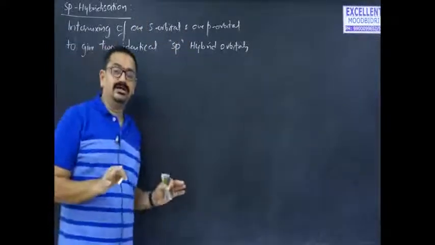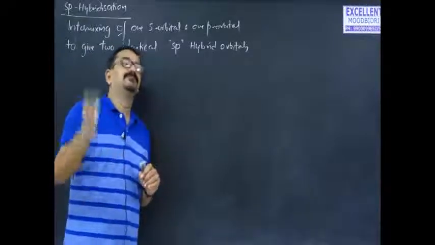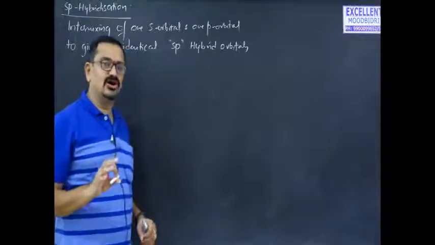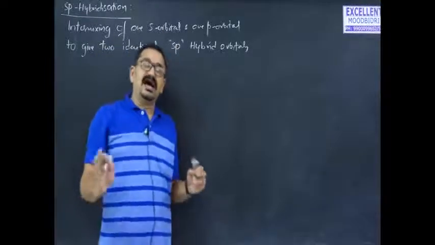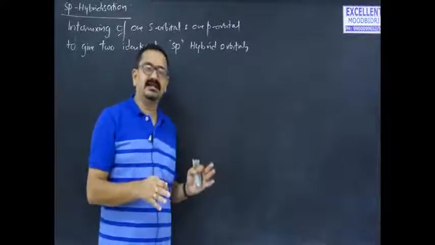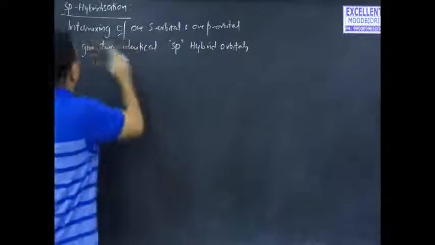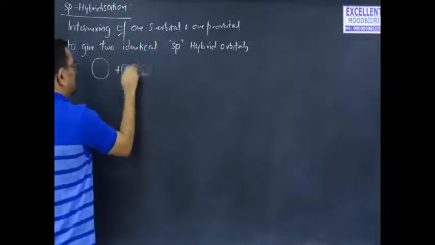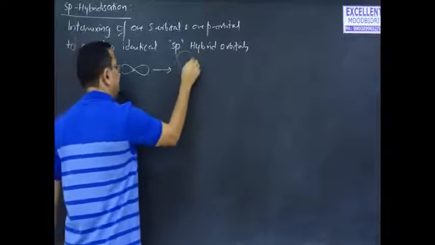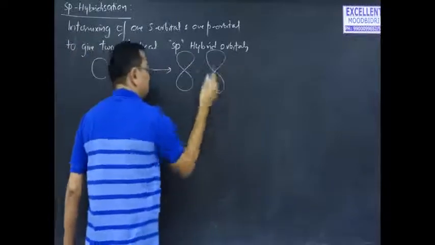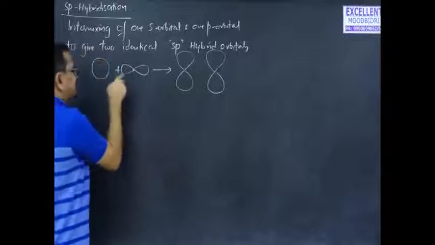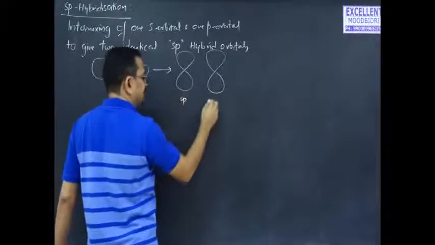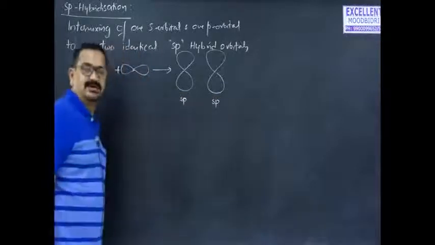See, here one more point: hybridization takes place among the orbitals present in the valency shell, and that too orbitals of only one particular atom can get hybridized. So intermixing of one s orbital and one p orbital gives two identical hybrid orbitals. As 1s and 1p are generating these two identical hybrid orbitals, they are called sp hybrid orbitals.